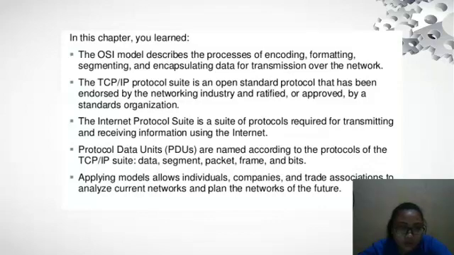The OSI model describes the process of encoding, formatting, segmenting, and encapsulating data for transmission over the network. The TCP/IP protocol suite is an open standard protocol that has been endorsed by the networking industry and ratified, or approved, by a standards organization.